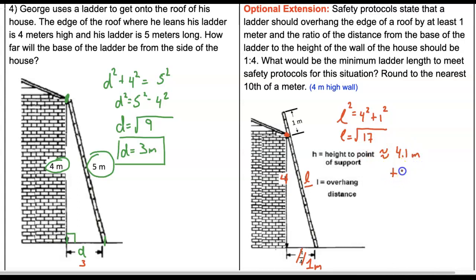And then we're going to add the 1 meter overhang, right? Which gives us 5.1 meters. That's our ideal length of a ladder for this situation. And since we have a 5-meter ladder, we're pretty close to that. So this ladder is almost perfect for the job, if we're going to follow these safety protocols, right?